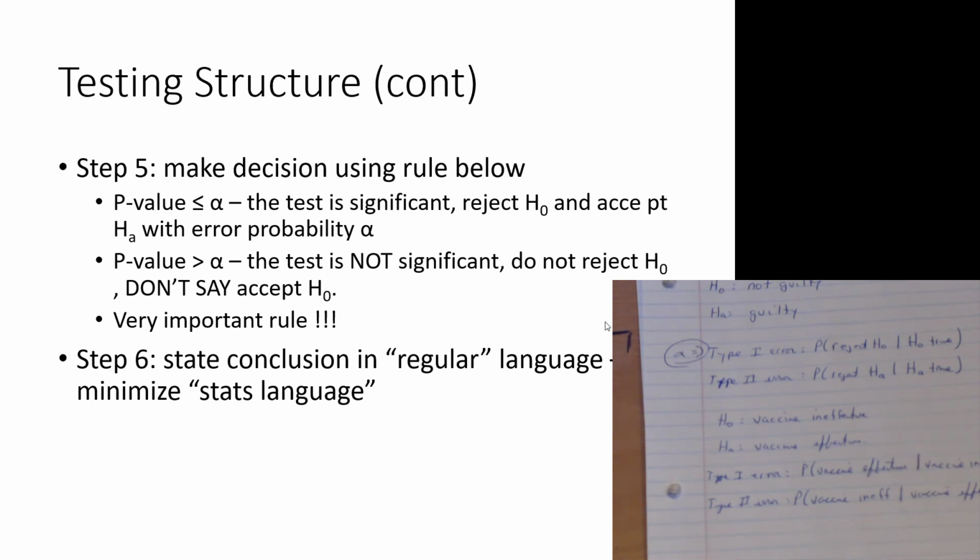Very important rule. And step 6, probably the most important step in all of this, is state your conclusion in regular language. Keep the stat speak out of there, and that's harder than you think. Take the most non-statistical person that you know, and if you ran step 6 past them, would they understand what you just concluded?